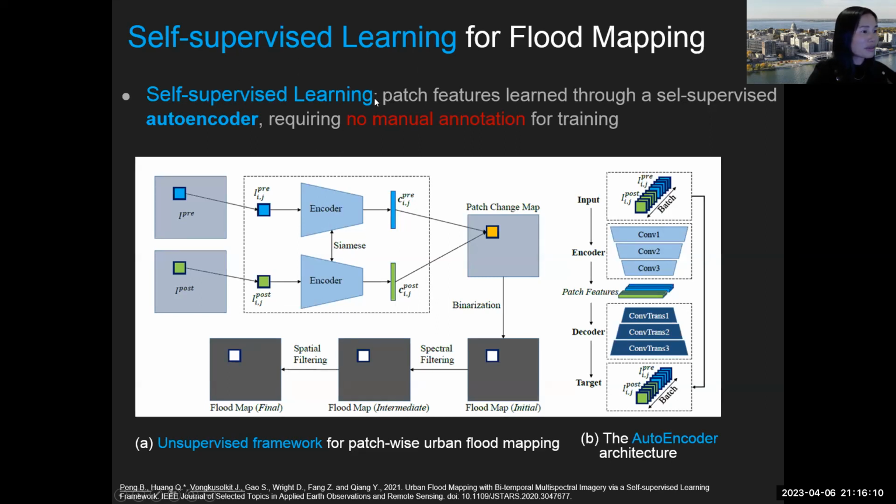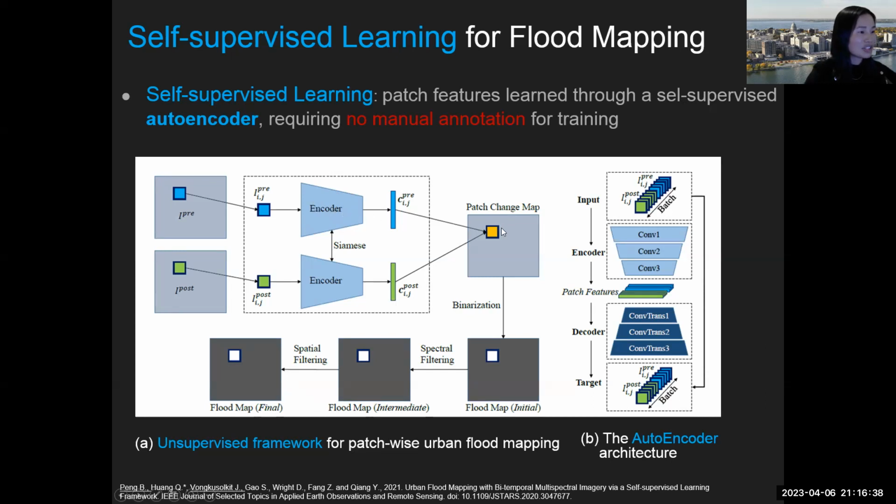In this framework, patch features are learned through a self-supervised autoencoder architecture, which requires no manual annotation for model training. Particularly, given a pair of pre and post-disaster images, we cut them into small patches, where each patch includes about 10 by 10 pixels, and then go through the autoencoder process.